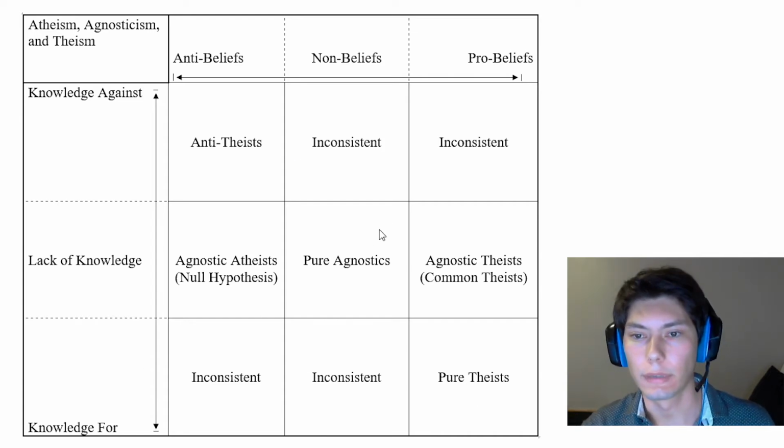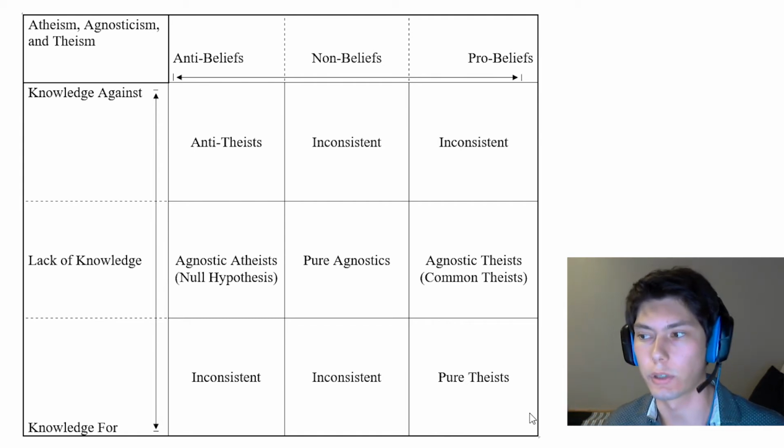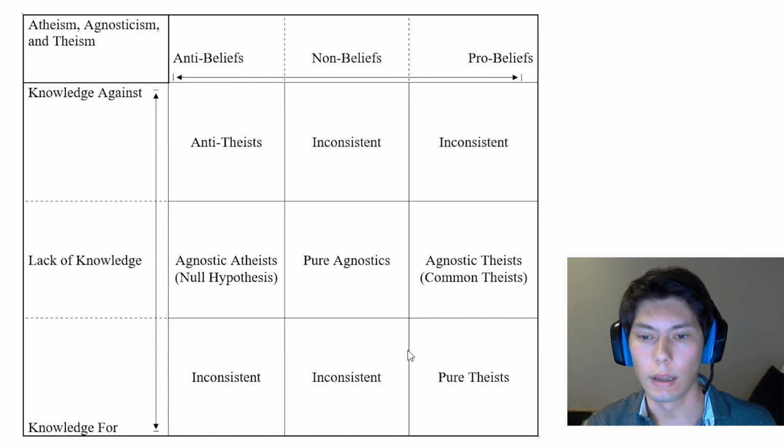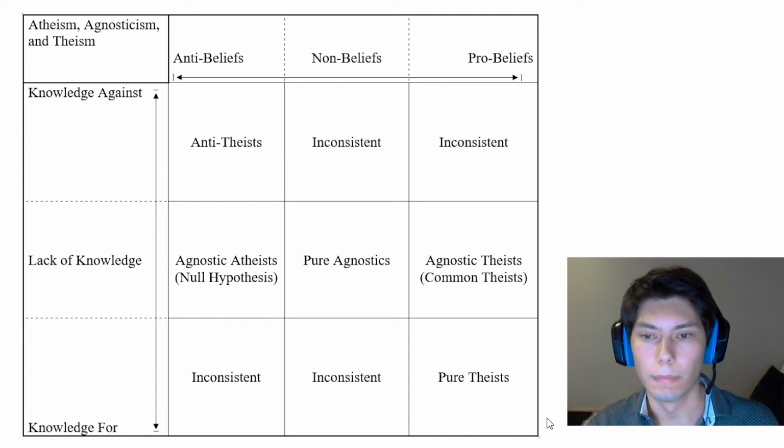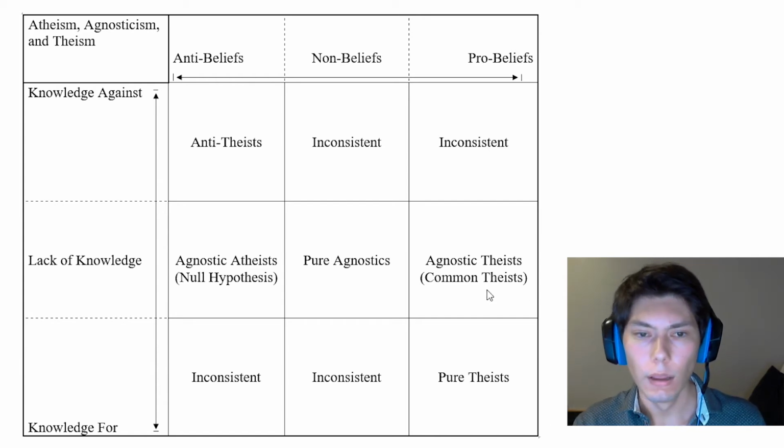And let's say the inverse was true: we believe in a proposition and we also have omniscient knowledge that the proposition is true. That would put us in the pure theist box. Those are the two extreme examples of the poles where you have both knowledge and strong belief associated with that.